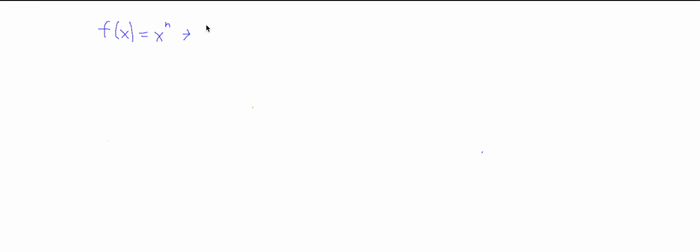So basically, you're moving the exponent forward and then subtracting the current exponent by 1. So if f of x equals x cubed, then f prime of x equals 3x squared.